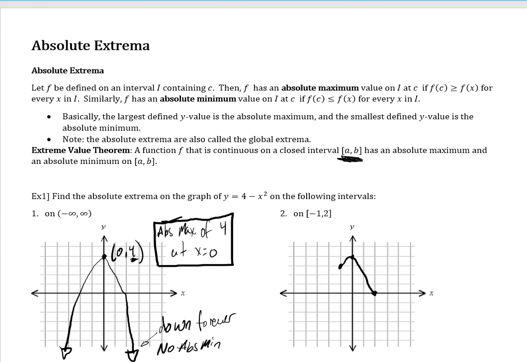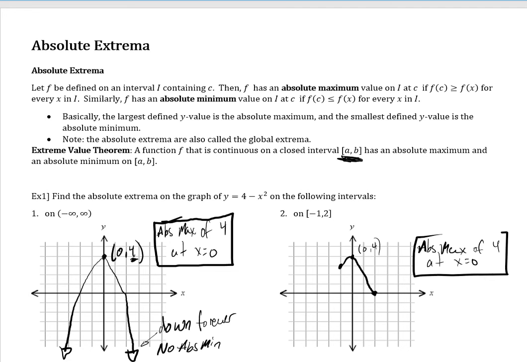Because it is a closed interval, because they use both brackets, that means we will definitely have an absolute maximum and an absolute minimum. On this problem, where it peaks, right there, is again where we have an absolute maximum. So at 0, 4, the 4 is the important one. So we have an absolute max of 4 at x equals 0.